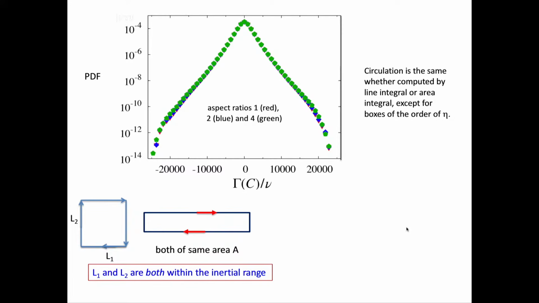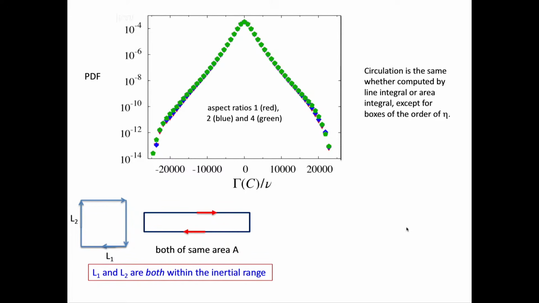What is plotted here is the probability density of the circulation as I go around in the box. I put a box of a certain size here, calculate the circulation around it, move the box elsewhere, and get another value like that. It is a random variable technically, and then you get a distribution, which is what it is.